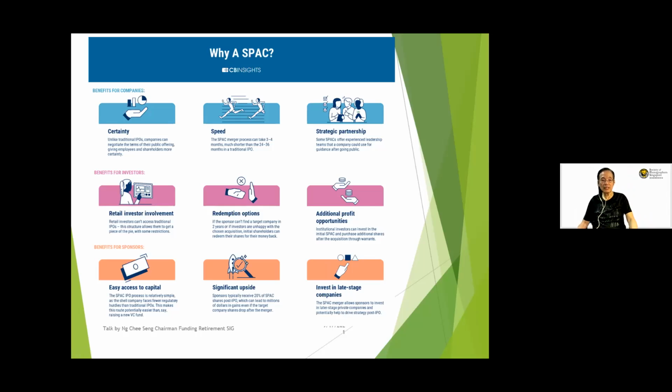So another advantage of SPAC is this: just before the SPAC finds the target company, and before the target company combines into the SPAC and becomes the new entity, it is called a late stage company. So the SPAC merger allows the sponsor to invest in a later stage private company and potentially help to drive strategy post IPO.